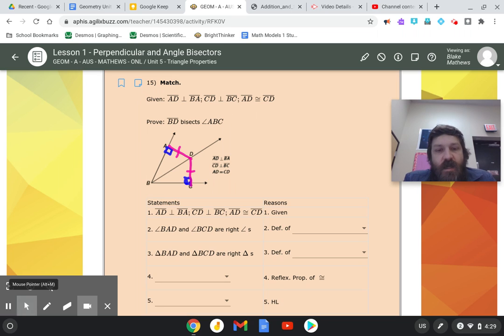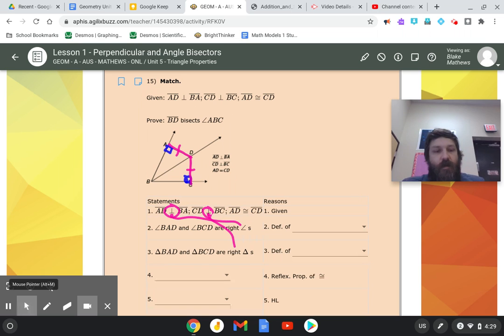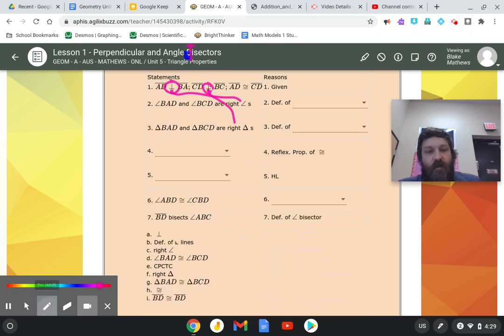Then it says that BAD and BCD are right angles. Well, that's coming from right here. That's coming from the fact that these things are right angles, right? We have perpendicular, so that means these are right angles and these are right triangles. So that's just going to kind of follow. So that's going to be the definition of perpendicular lines.